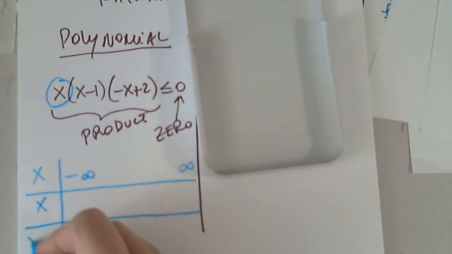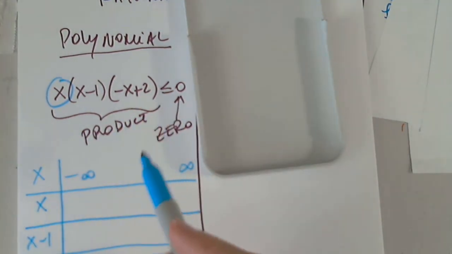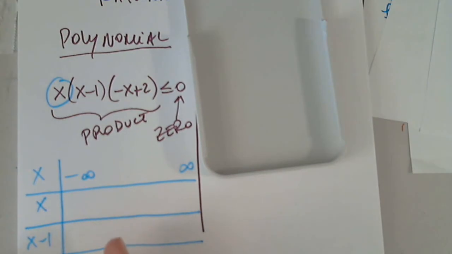The second row is the next factor in the problem. The next row is the next factor in the problem. And the last one is the whole thing. Product. Whole thing. I don't have enough room. I should write X. Let me write it so there is no confusion.